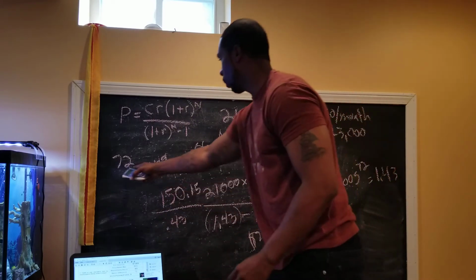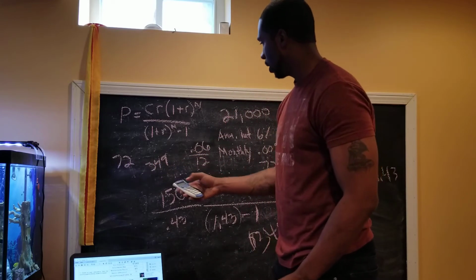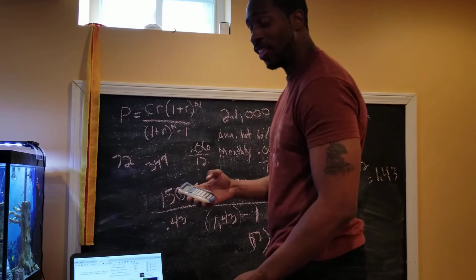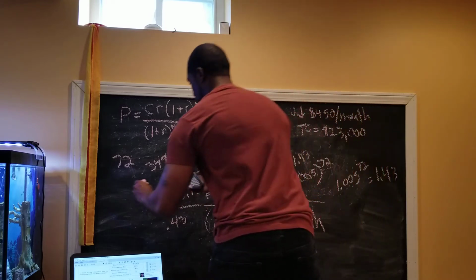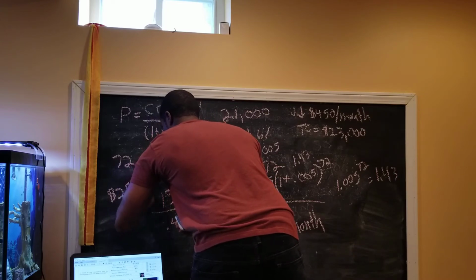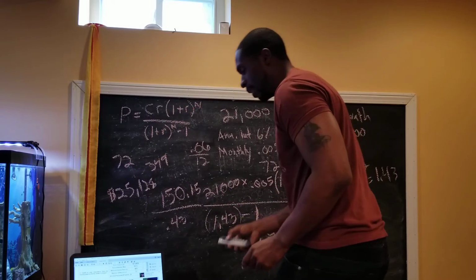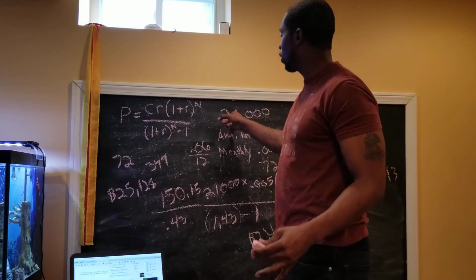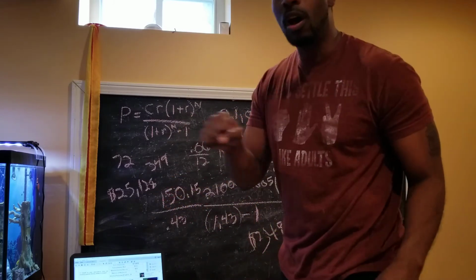So N, number of months, 72, times P, 349, gives me $25,128.